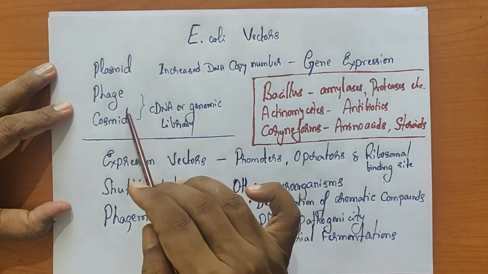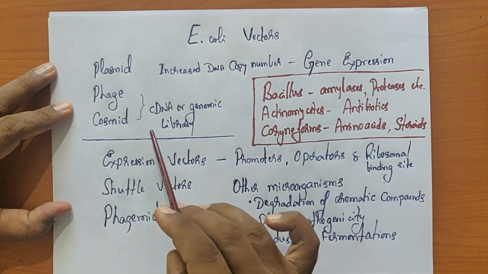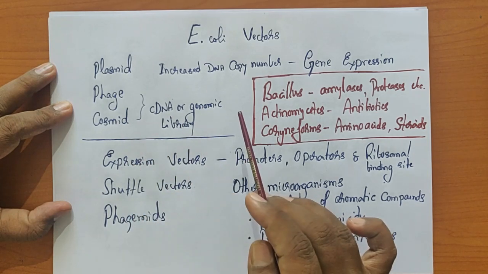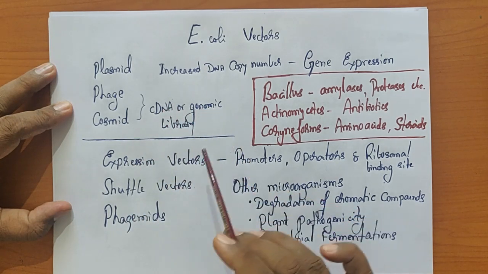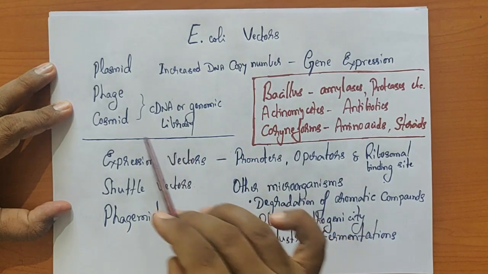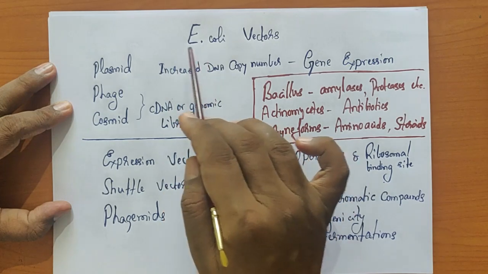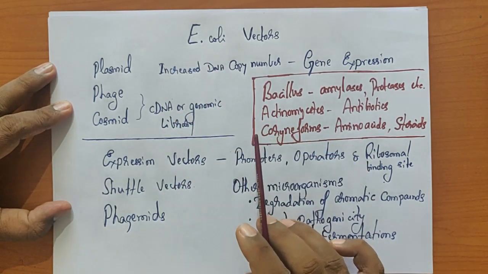All those fragments are cloned into either the phage vectors or the cosmid vectors so that they will be amplified. Then using those amplified DNA signals, we identify the gene. So this is the major function of the vectors in E. coli that we have studied.